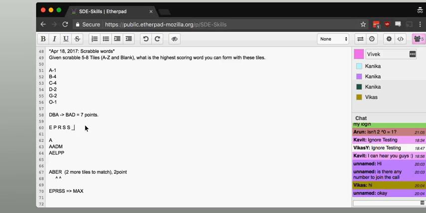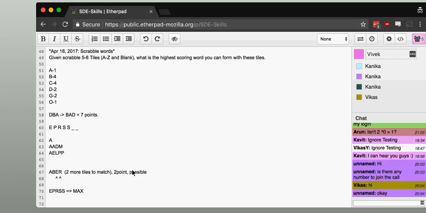Now, if you had blanks also, so far, are you with me? Yes. Now, if you actually had blanks also, then in this case you say 2 more tiles to match, correct? Yes. And since there are 2 blanks, you will say this word is possible. Okay.